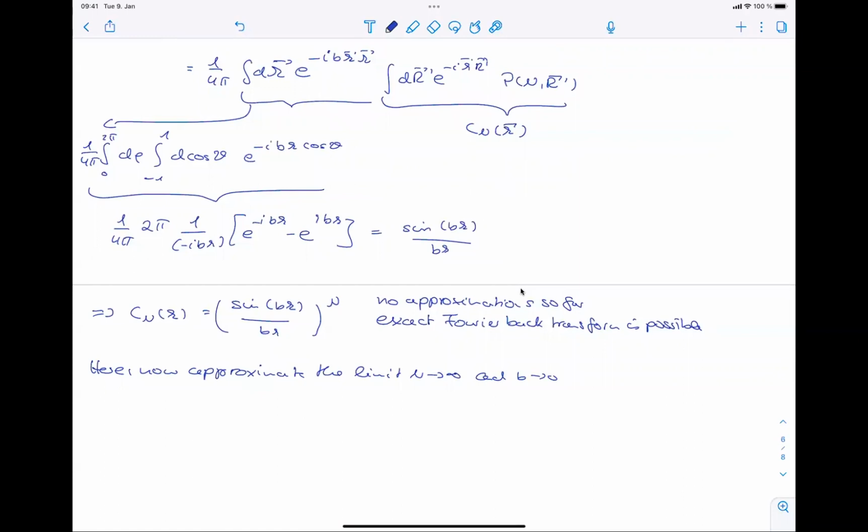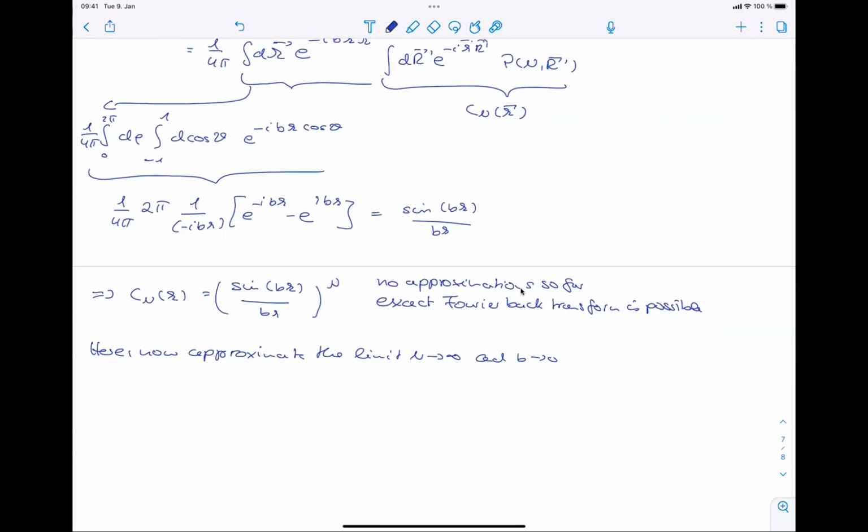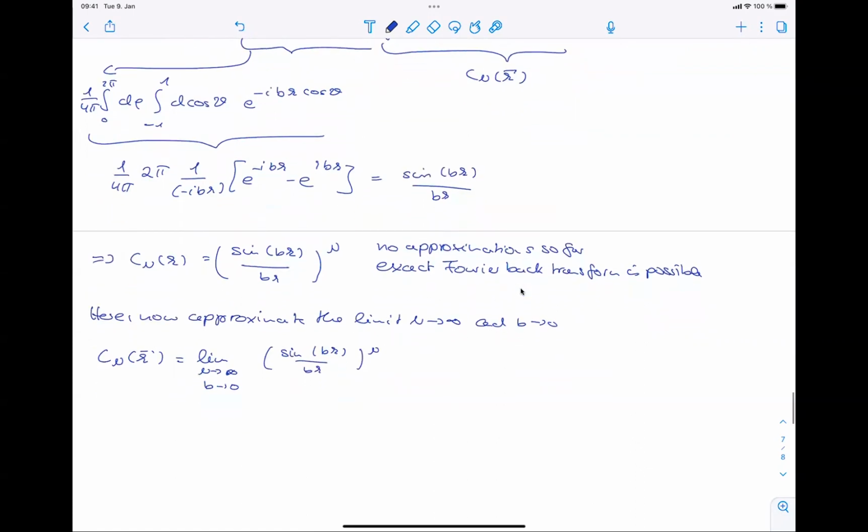And so with that, now using this approximation here, we want to look at the limit taking n to infinity and b to 0 of sine bk over bk to the power of n.